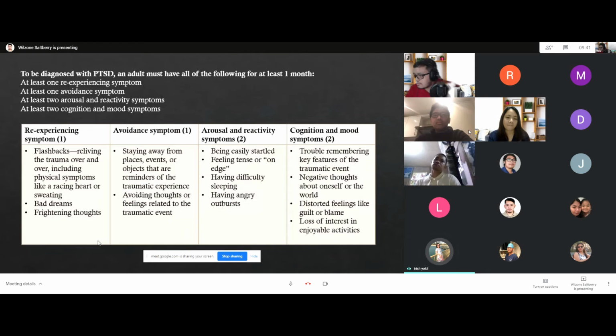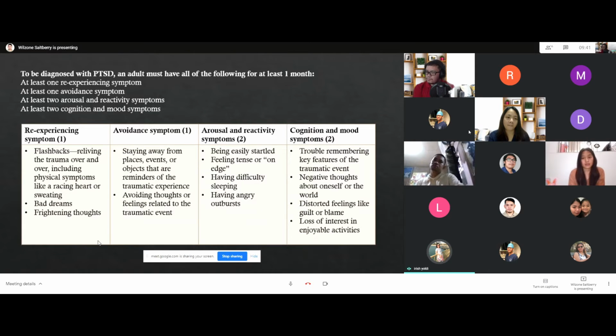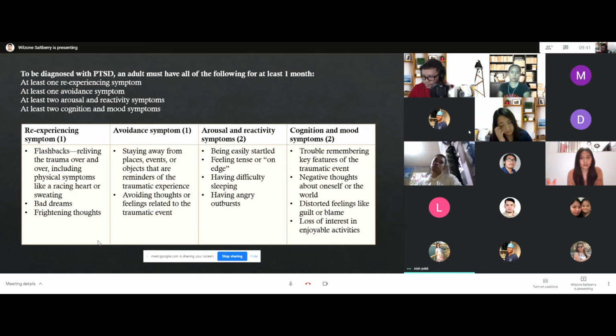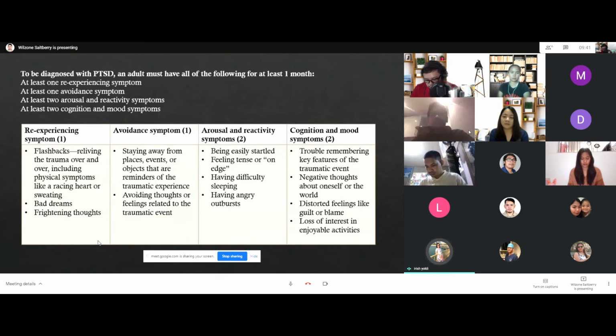Okay, so again, symptoms of PTSD fall into four categories: re-experiencing symptoms or intrusions, avoidance symptoms, arousal and reactivity symptoms, and cognitive and mood alteration symptoms.